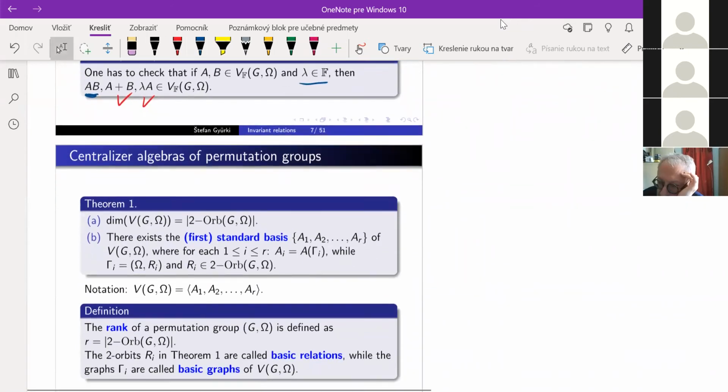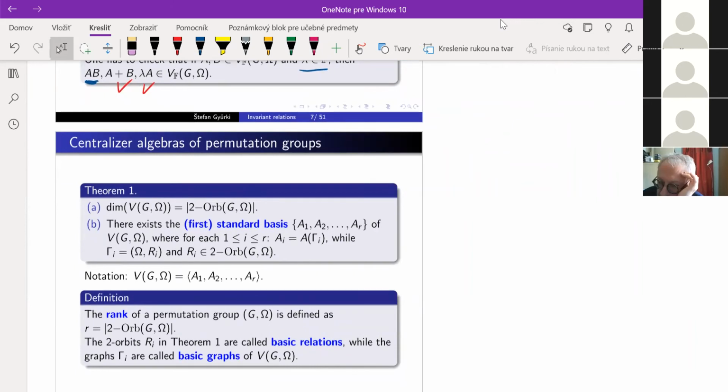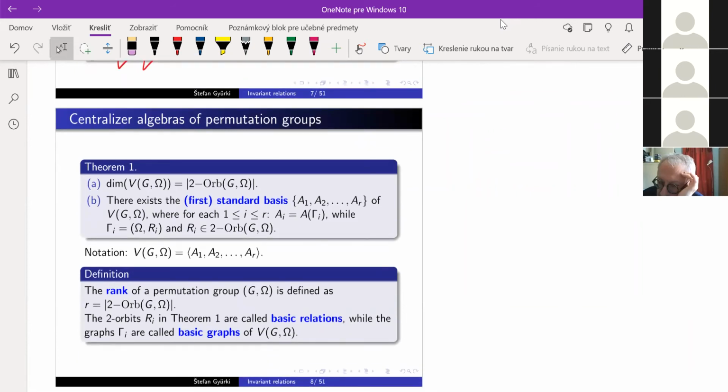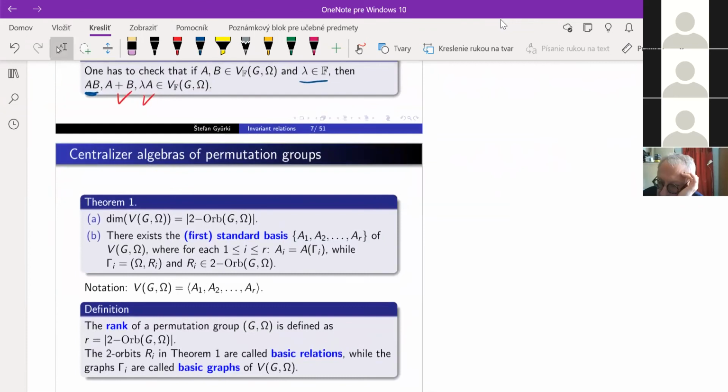If we have the centralizer algebra, then we can say that its dimension is precisely the number of two-orbits of the permutation group. And since this number plays an important role, we will call this number the rank of a permutation group. So it is the number of two-orbits of the given permutation group.